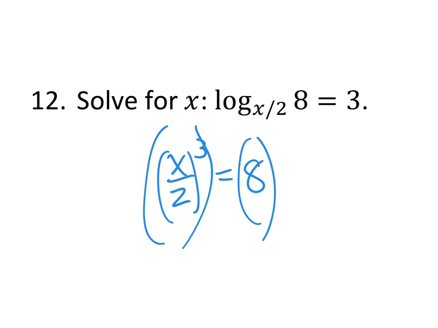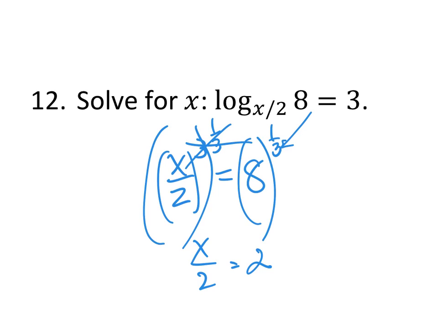Power of, what do you think? You got to get the 3 off of there, so power of 1/3. Then that makes this cancel. Now I can do my multiply by 2, but what's 8 to the 1/3? 2. I just did a 3rd root.